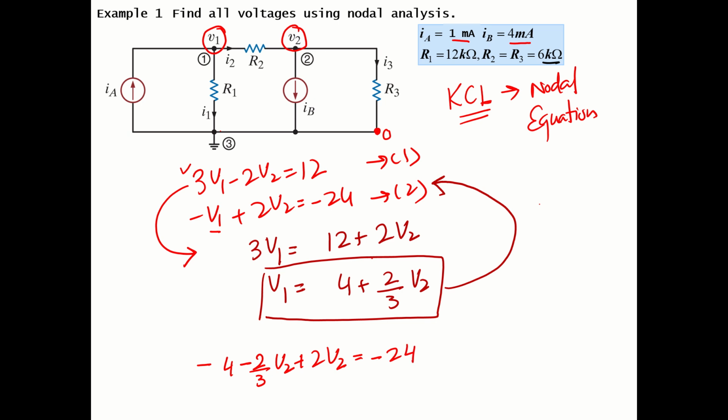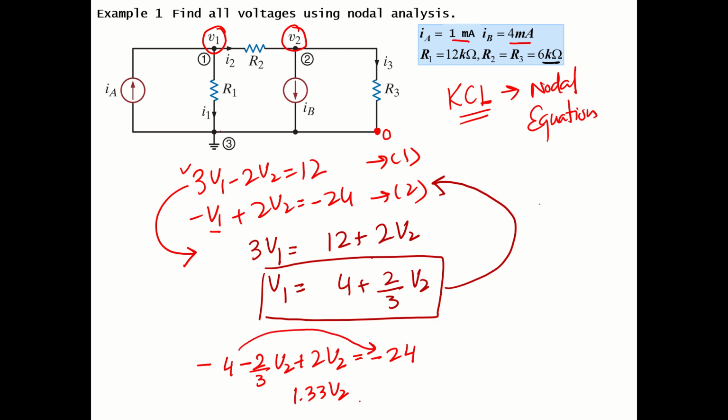Now here we have a simple linear equation with one variable, we can simplify this to get our desired answer. So here minus 2 over 3 plus 2. What will be that? So we have minus 2 over 3, and plus 2. That will give me 1.33 v2, and this minus 4 will go to the other side.